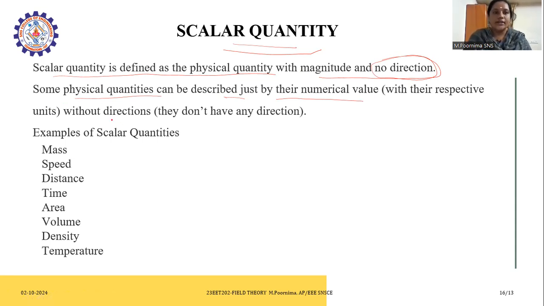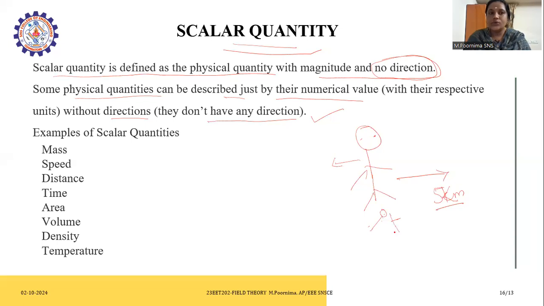Without direction, they don't have any directions. For example, if a person stands in one place and is instructed to move away 5 kilometers, or 5 centimeters, whatever it may be, from his place.